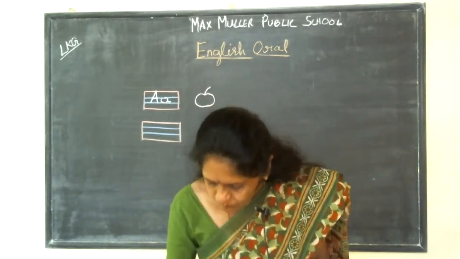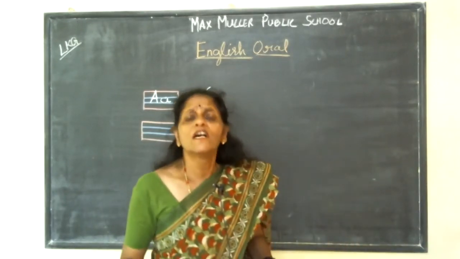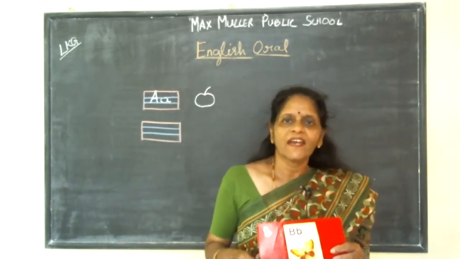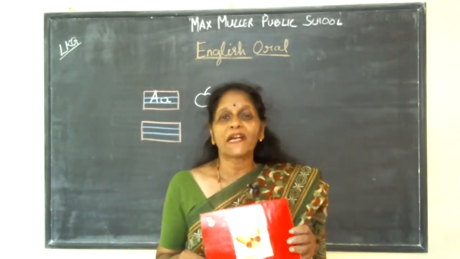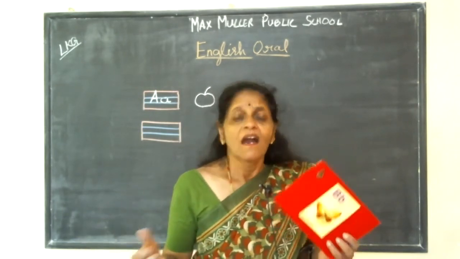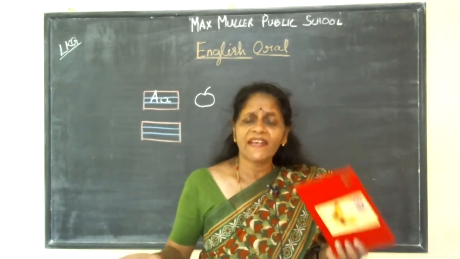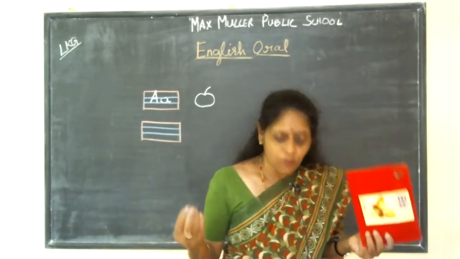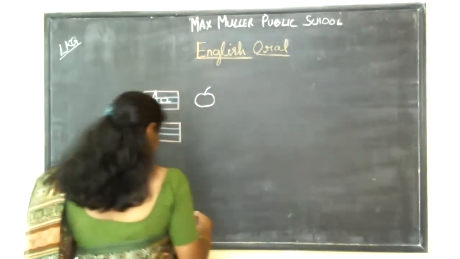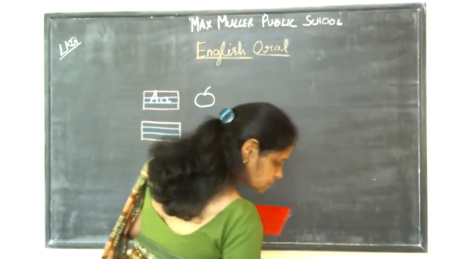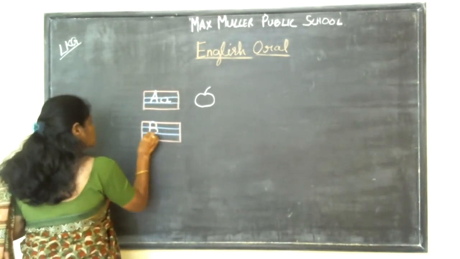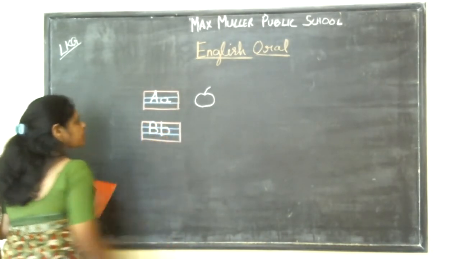Butterfly, you know, no? Butterfly, it is a very cute insect, okay? So you will see in different colors, yellow, green, blue, red, it will all be mixed. It's a very cute butterfly. So how do you write capital B? Capital B, small b.